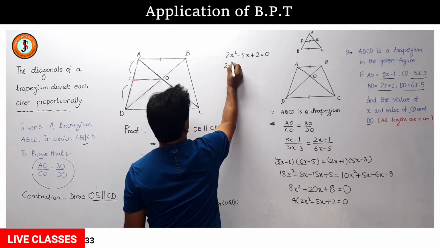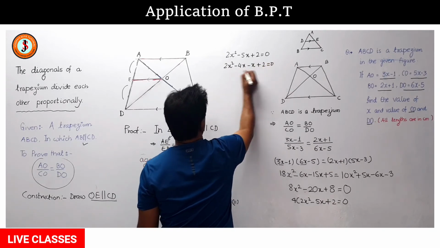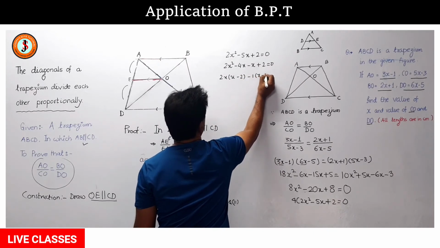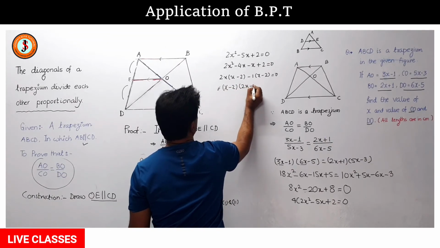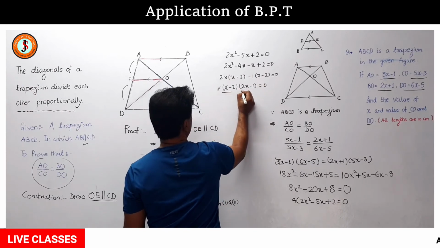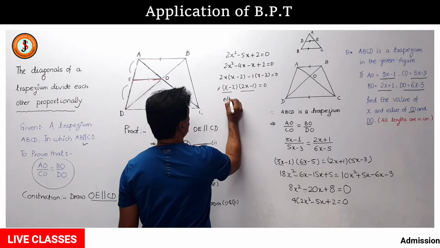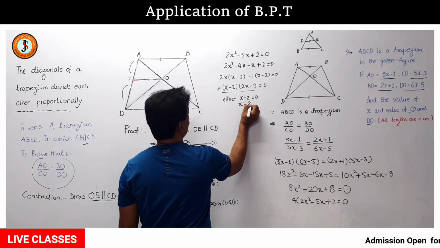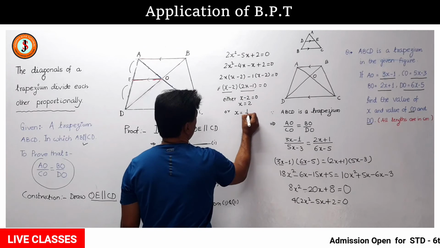So 2x square minus 4x minus x plus 2 is equal to 0. 2x I take common, so x minus 2, minus 1 I take common, so x minus 2, is equal to 0. So we get x minus 2 and 2x minus 1 is equal to 0. So now this is a quadratic equation and the solution is either x minus 2 is equal to 0, so x is equal to 2, or 2x minus 1 is equal to 0, so x is equal to 1 by 2.